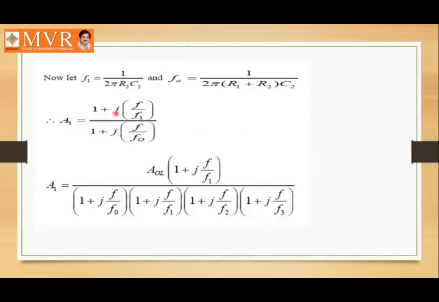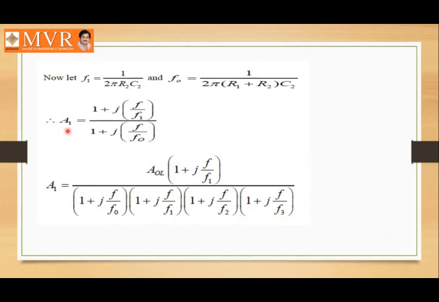Now let F1 be the frequency 1 by 2 pi R2 C2, and F0 equal to 1 by 2 pi (R1 plus R2) into C2.